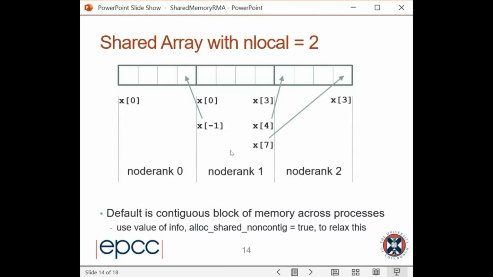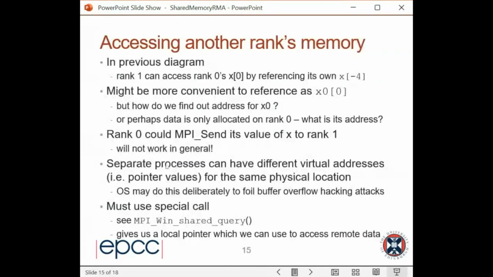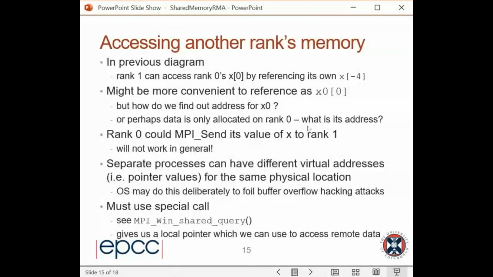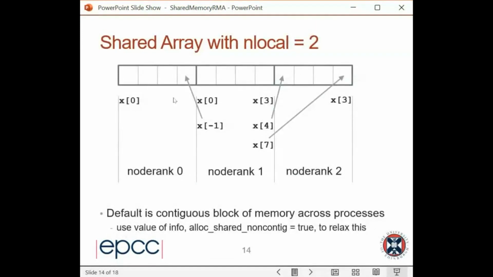This is a slight technicality, but if you want to find out what the address of an object is on a different process, you have to use a slightly bizarre routine called MPI_Win_shared_query. It's something of a technicality, but this happens when, for example, you want to have a lookup table, and you might decide to just allocate that lookup table on rank 0.